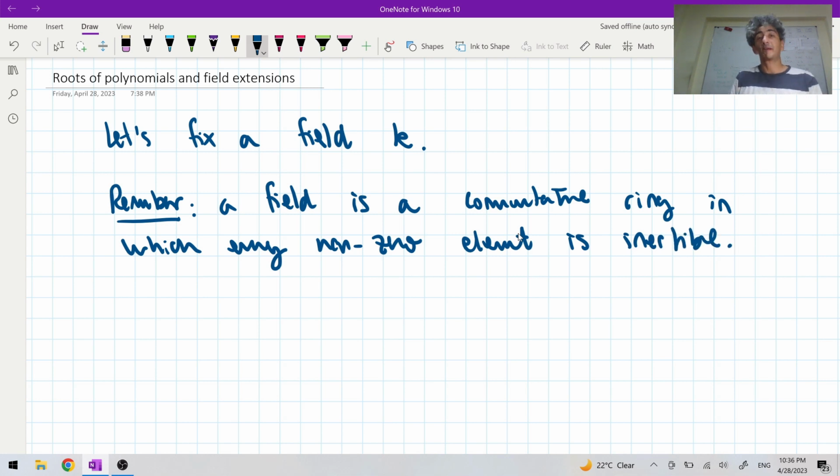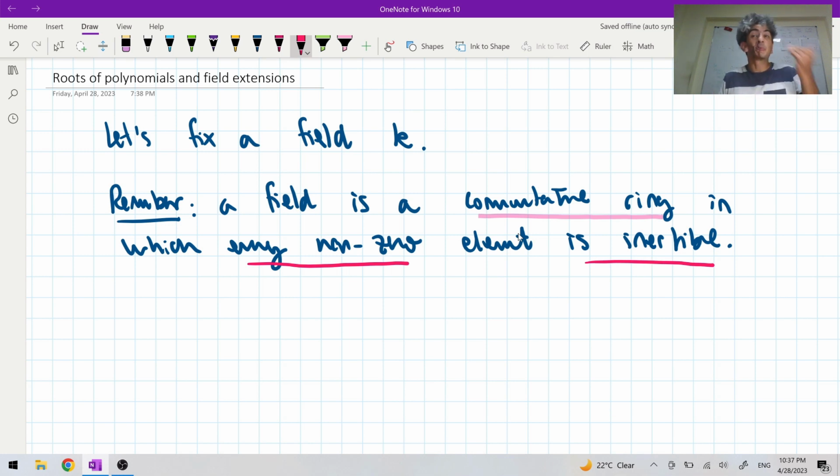So what does it mean to be a commutative ring? It's a ring in which the multiplication is a commutative operation. And what does it mean to say that every non-zero element is invertible? Well, you take a non-zero element in that ring and it has a multiplicative inverse.